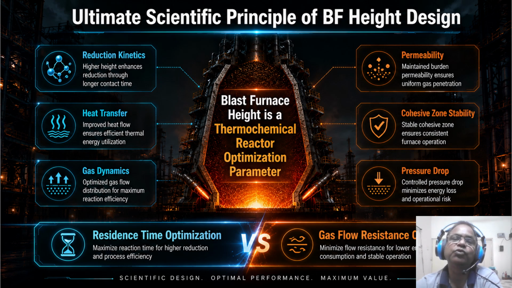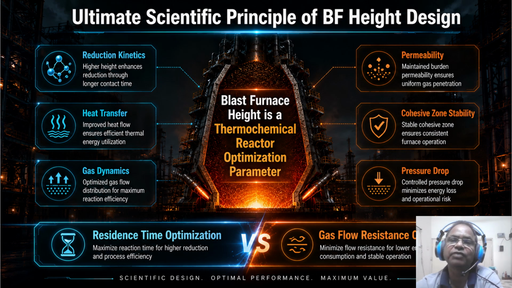Blast furnace height influences almost every major internal phenomenon, that is reduction kinetics, heat transfer, gas dynamics, permeability, cohesive zone stability, and pressure drop. That is why blast furnace height is best understood as a thermochemical reactor optimization parameter. A furnace is not designed simply to look large. Its geometry is scientifically optimized to maximize the reaction efficiency while maintaining stable gas flow and burden movement.